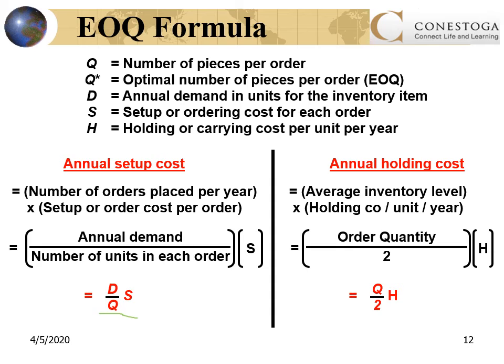It can be shown that the total cost reaches a minimum value when these two numbers become the same.